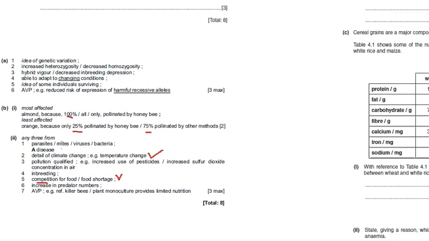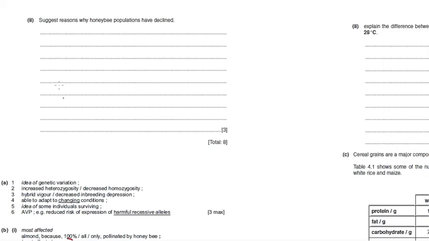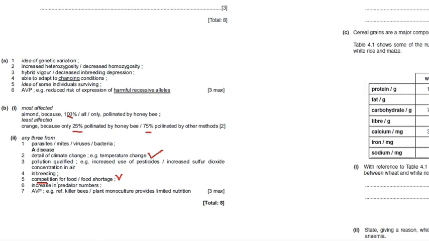So we can first write about parasites, and we can write about competition. We can go on to explain that the bees undergo inbreeding.